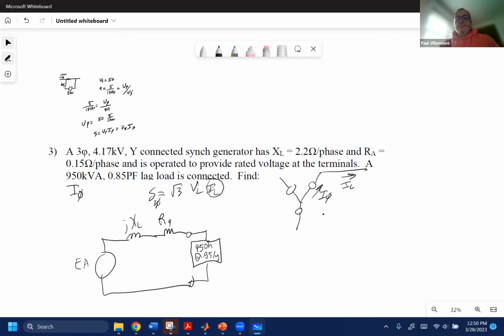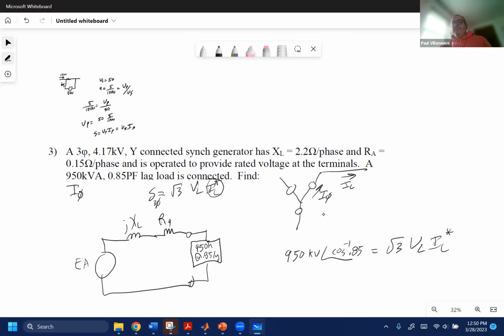To solve for your IL, all I needed to do was 950 kVA, whose angle is cosine inverse of 0.85, equal to square root of 3 VL IL conjugate. Got the conjugate here, sorry about that.